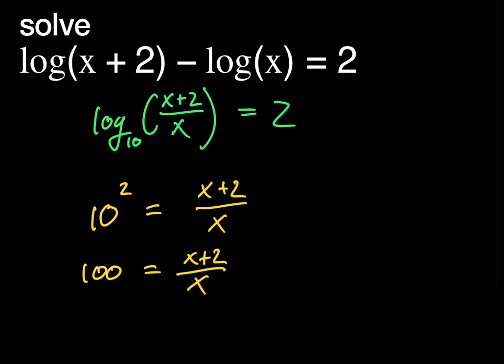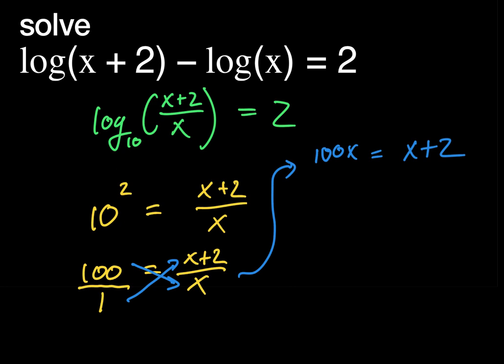I don't like working with fractions, so I'm going to try to get rid of the fraction. Or, we could go back to some pre-algebra days. If I take that, make it a fraction. Do you remember doing this? Cross multiply. 100x, because that's 100 times x, equals 1 times x plus 2, which is just x plus 2.